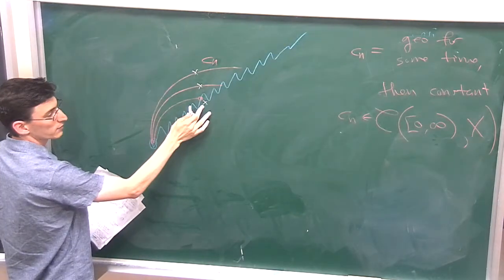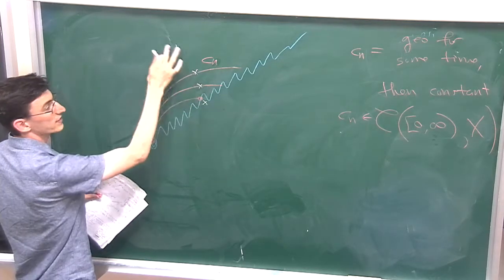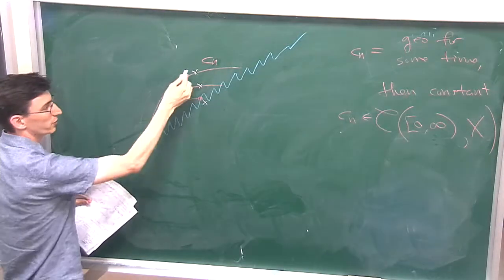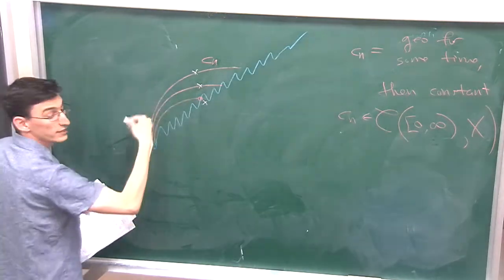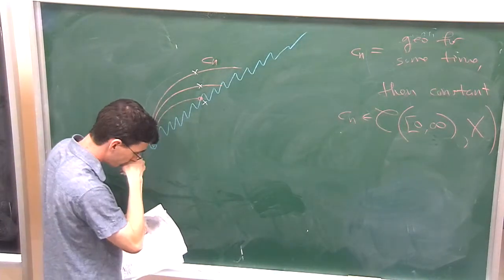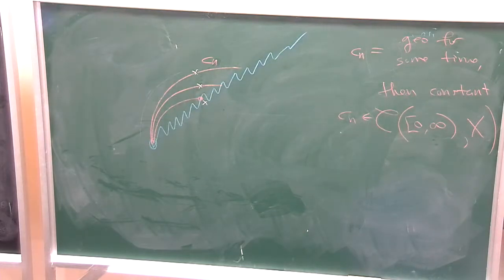These guys are all in the same ball, because this thing is a geodesic, so this is just recording your actual distance. And this is where you're using the properness of the space. So this is by properness.